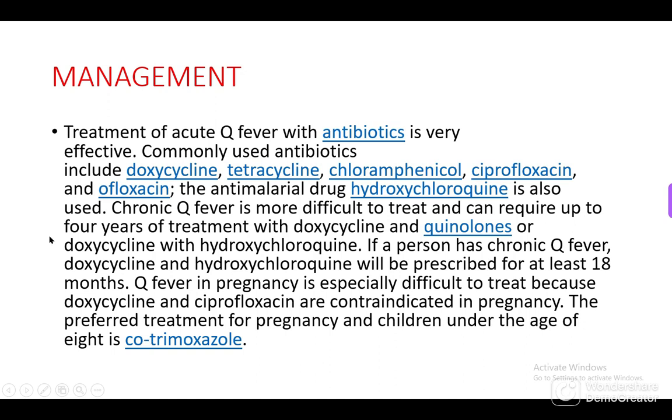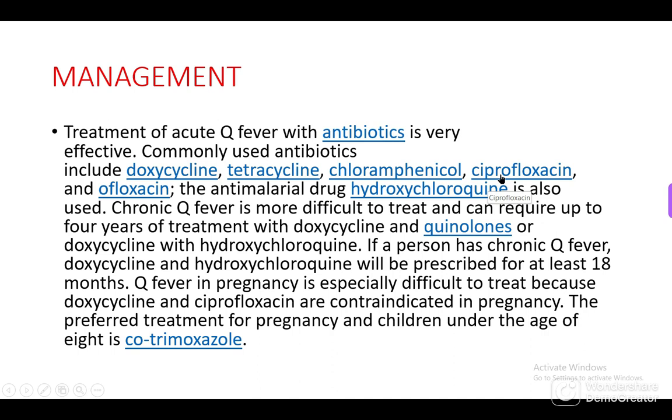Management of Q fever, definitely antibiotics should be used, but here the antibiotics we are using are not routinely used in endocarditis. That is doxycycline intravenously, 100 milligram twice a day at least, or tetracycline 250 milligram should be given 4 hourly. Chloramphenicol should be at least 750 to 1000 milligram given 8 hourly.